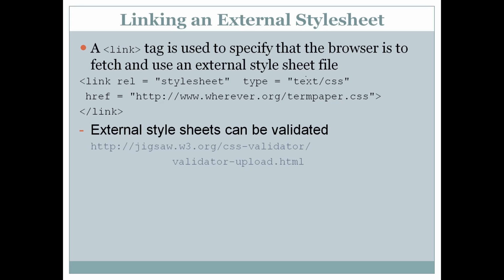As I have said, the external style sheet has to be a separate file from the HTML file. Then there has to be some link between the HTML file and the external style sheet, or CSS file, to apply the style rules defined in the CSS file to the HTML file. To link the documents, we use a tag called the link tag. A link tag is used to specify that the browser is to fetch and use an external style sheet file. So how to link it? We have to use a tag called link.